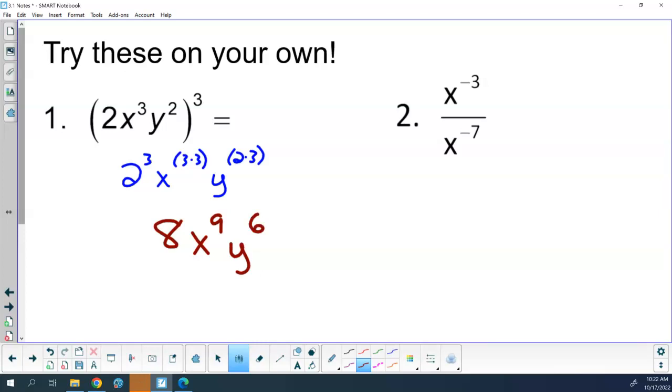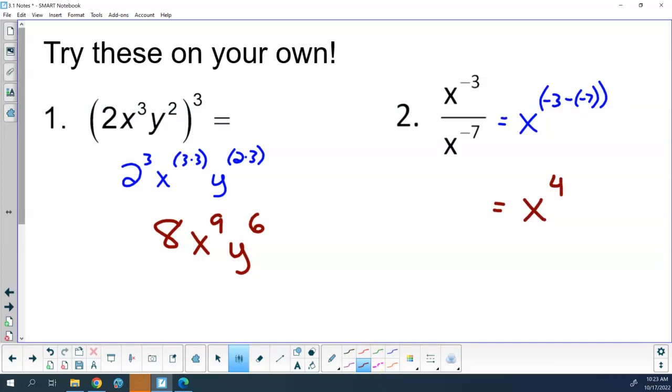Okay. Here on this one now, this is x to the negative 3 minus negative 7 power. Negative 3 minus negative 7 is like negative 3 plus 7, which would be x to the 4th power.